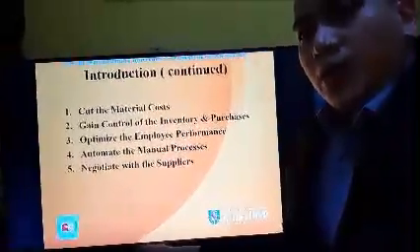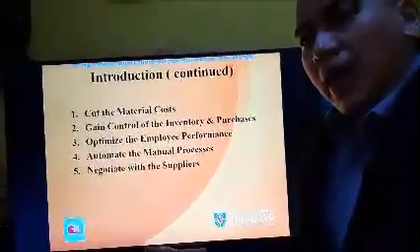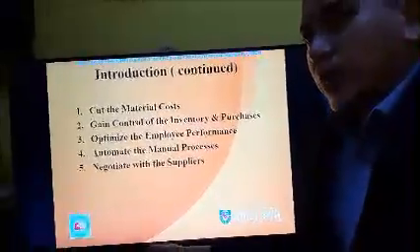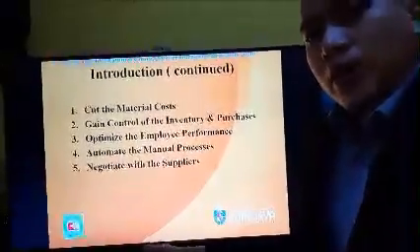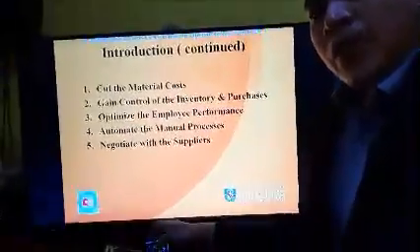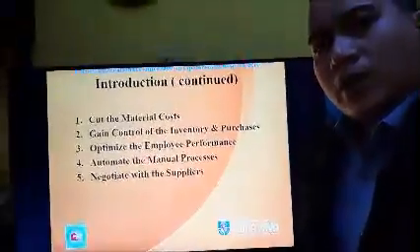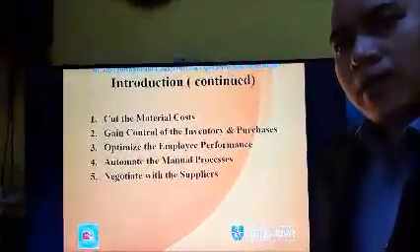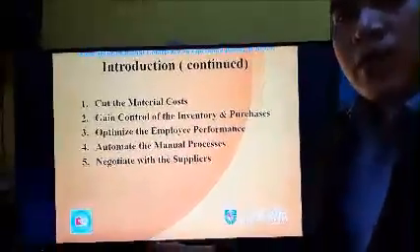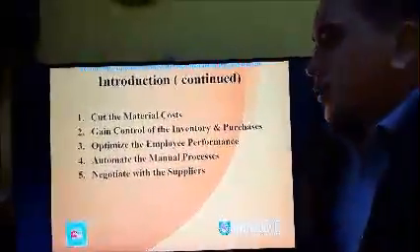Urgent purchase means a higher price. It's better for the company to keep a minimum stock, so it can prevent running out of stock, so production does not have to wait and the production of items can run smoothly.